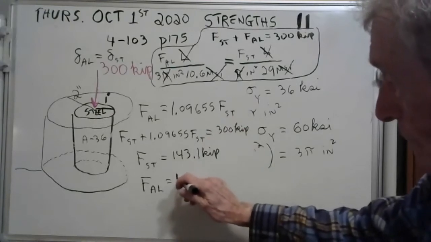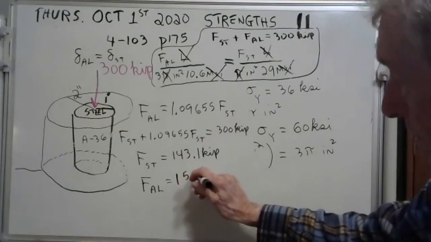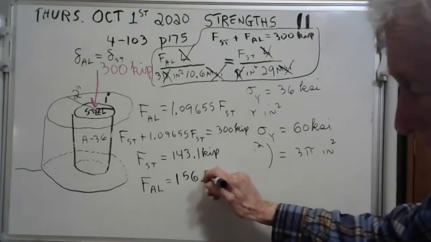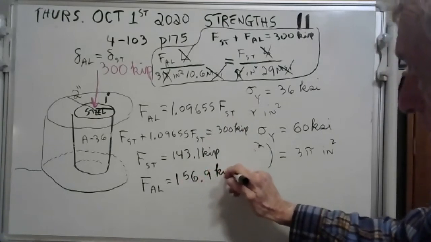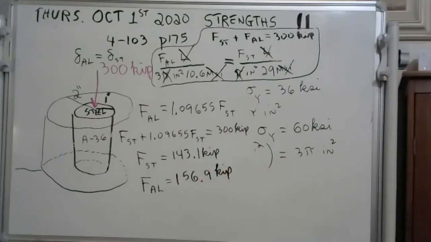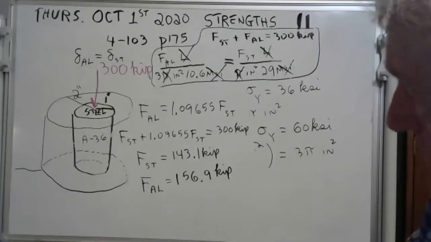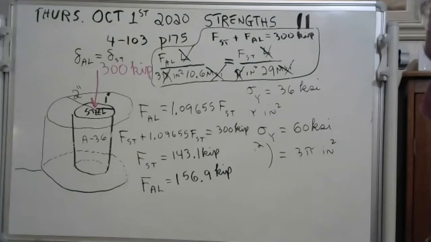I'm getting the force of the aluminum as 156.9 kips. We did great. We now know that the aluminum is supporting most of the load. The steel is supporting some too.